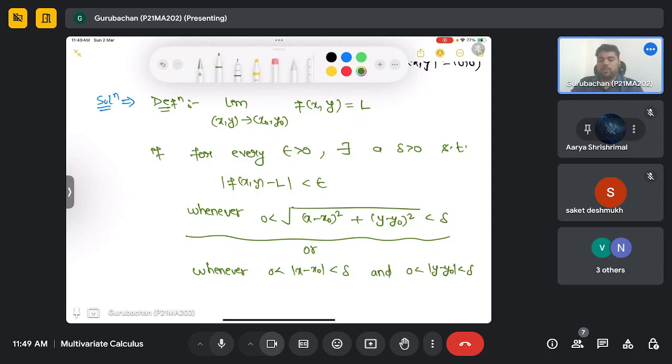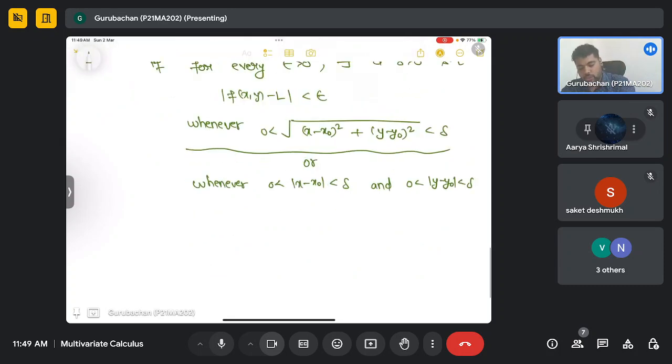Now here we need to discuss the continuity. For continuity, we have to check three things. First of all, we need to check that the limit of the function at (x naught, y naught) exists. Second, that f(x naught, y naught) is defined, or well defined.